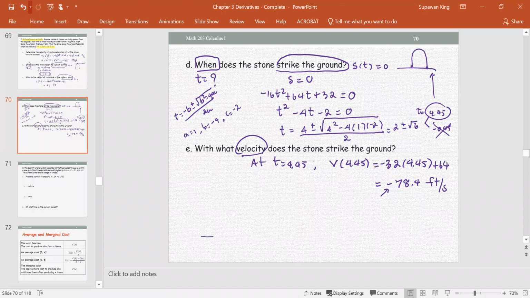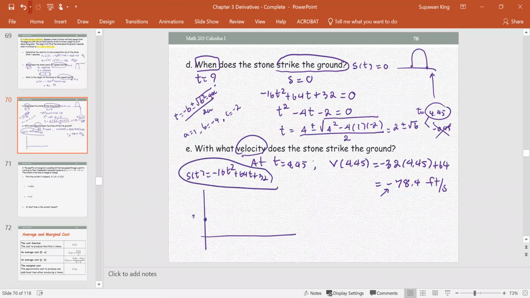If you sketch the graph of s of t equals negative 16t squared plus 64t plus 32, the intercept is 32, and this is a parabola that opens down. The horizontal axis is t, and the vertical axis is the position, or the height above the ground.